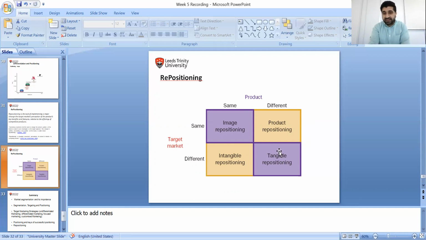However, if the product is different and the target market is different, we are providing a new product to a different target market. Here we can see the tangible repositioning. It means tangibly we are offering a new product in that market.